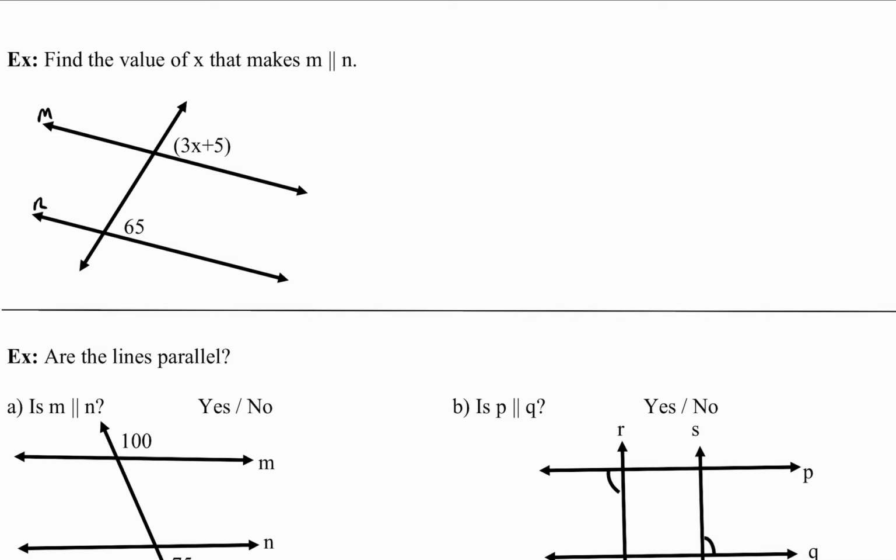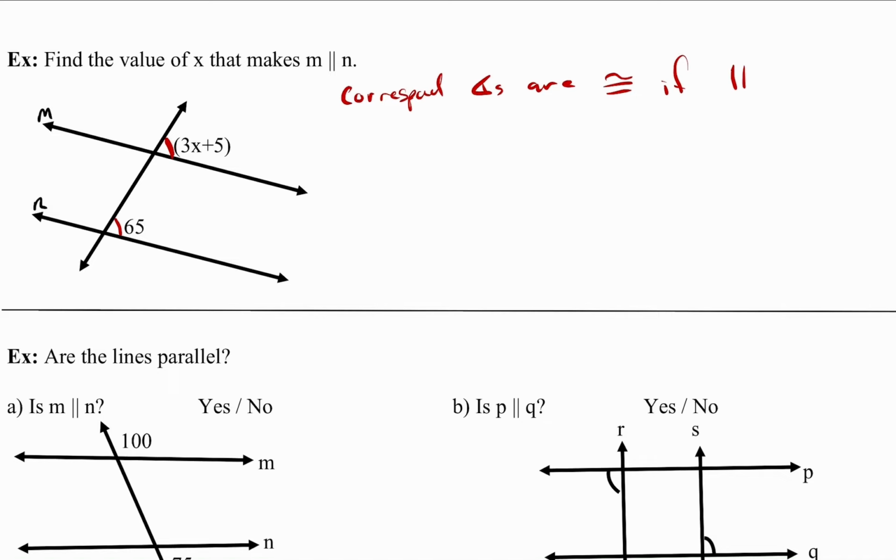Well, the relationship here, this angle and this angle are corresponding. Corresponding angles are congruent if parallel. So what that means is that I need those two angles to be congruent for there to be parallel lines.